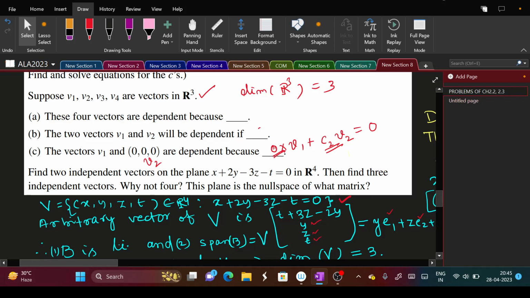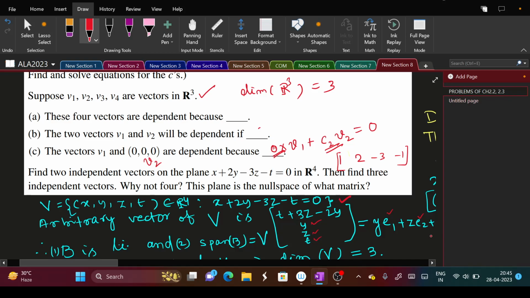Matrix. Observe here, any plane is there, its normal vector's equation is 1, 2, minus 3, minus 1. This plane is the null space of what matrix?